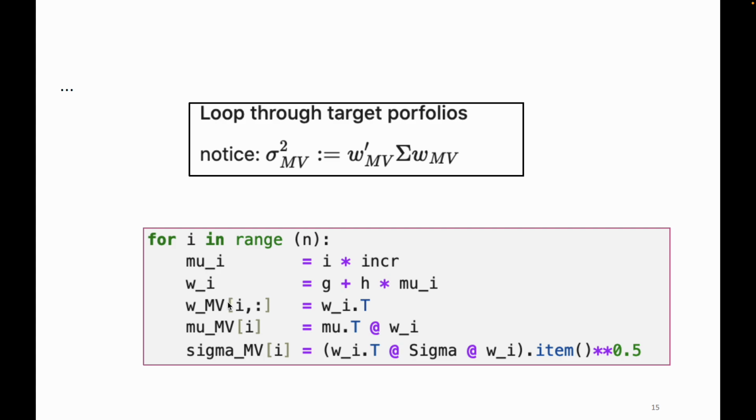Now I need to be careful. I've generated WMV previously in front of the loop to be n times 2. So basically for each I, this is what it says here, go to row 0. And now I want to have my portfolio vector as a row vector. This is not part of the algorithm, because in the algorithm I did not specify how I stored the Wi.